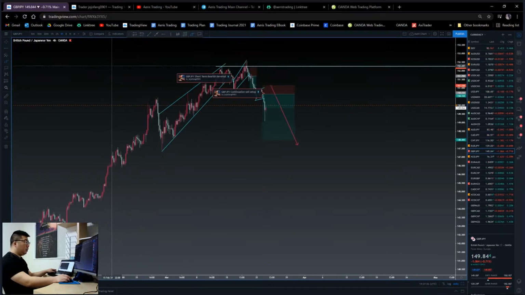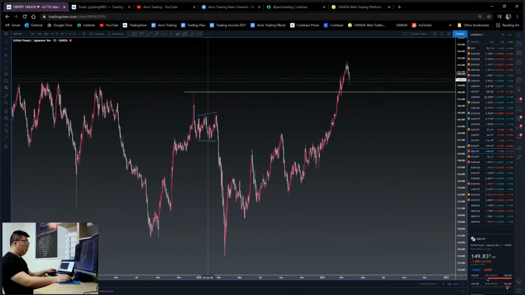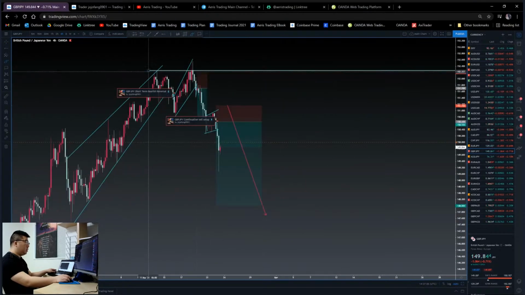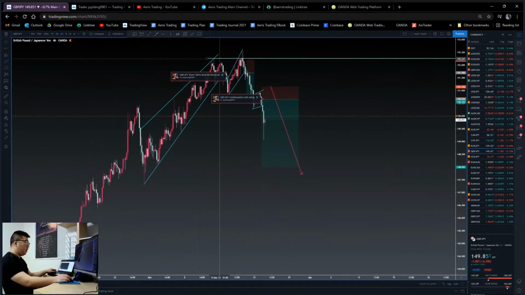So pound yen, I talked about pound yen in the beginning, but what I see here is pretty much similar to Euro Yen, right? We have this double top here, we have this first ascending channel moving the price up, and then we have this push down followed by an ascending channel reversal.